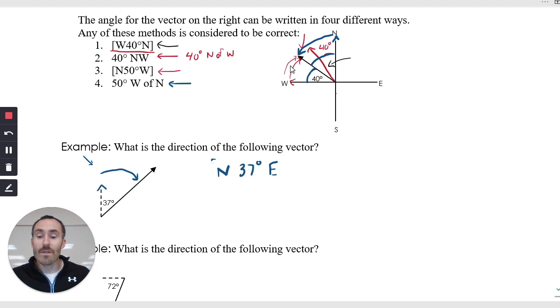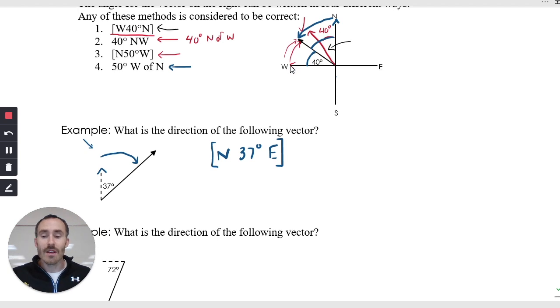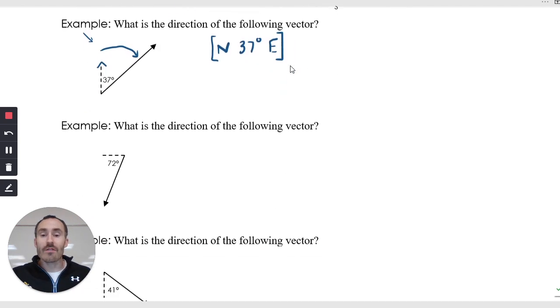And we usually put that in square brackets because you are going to be giving some sort of answer about a distance traveled or a speed being driven at or something like that. And it just shows that this is the direction part of the answer. Okay, so that's north 37 degrees east.